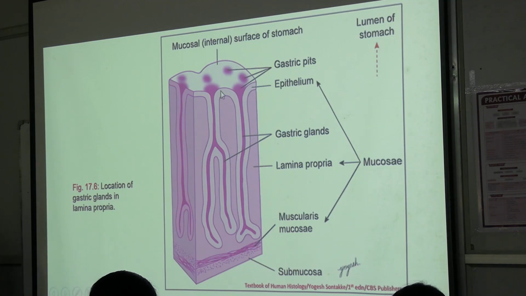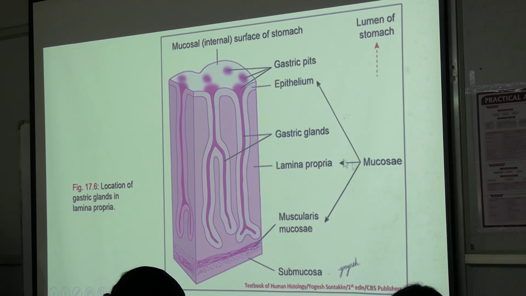The opening of this gland we call gastric pits. In cross section from the side it should look like this. Each of these gastric glands has some features that we have to understand and memorize.